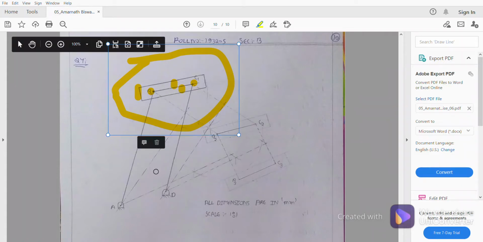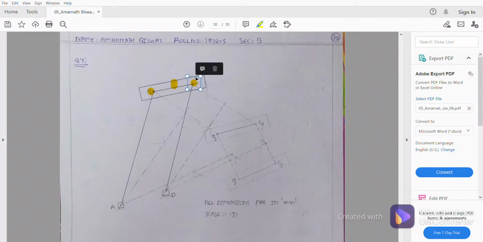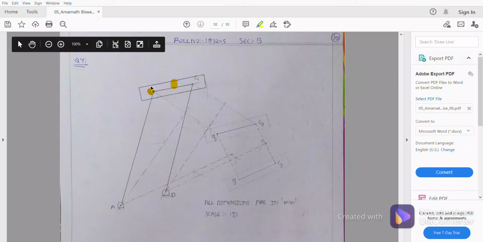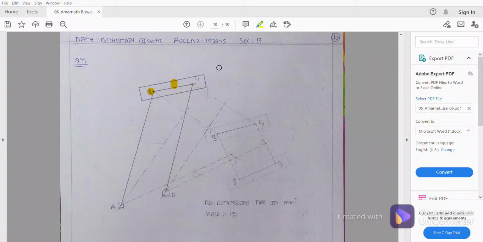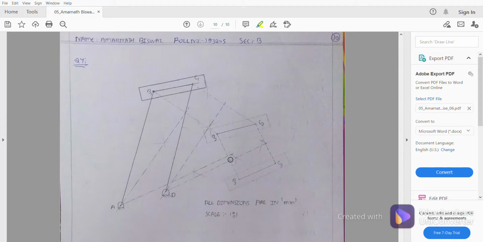The distance between B1 and C1 is 3 mm. Then I have taken another position, B2 C2, and the relative position won't be disturbed because the links are rigid, but the mechanism is not rigid.